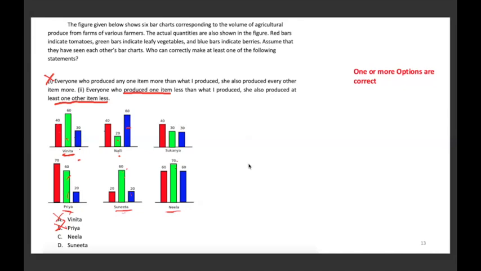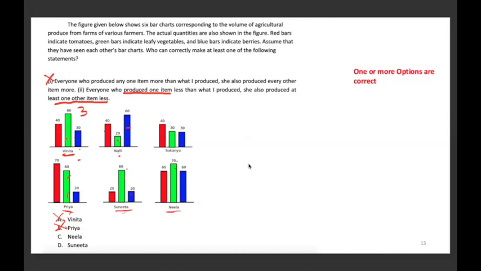So when I compare Neela with Vinita, for everyone we just need two commodities less than what one person is producing. So comparing Neela and Vinita, tomatoes 1, leafy vegetables 2, and even the berries are less. So in her case, all three are less.